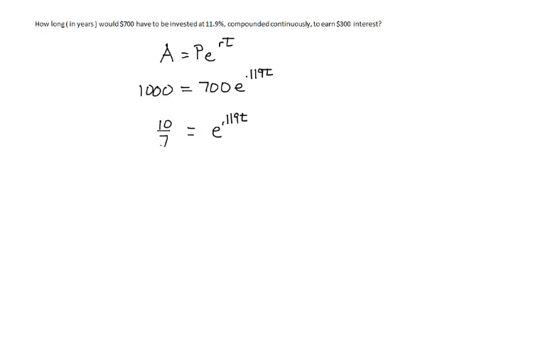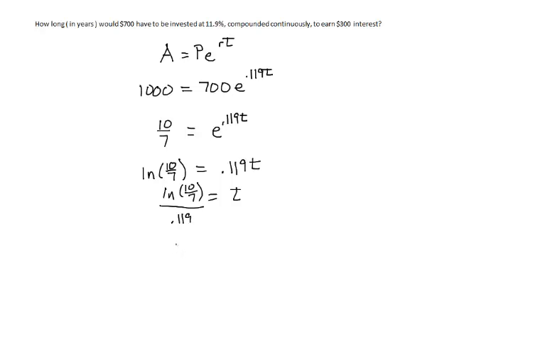And now I'm going to ln both sides. So I have ln of 10 divided by 7 is equal to 0.119 T. And then T is equal to the ln of 10 divided by 7 divided by 0.119.